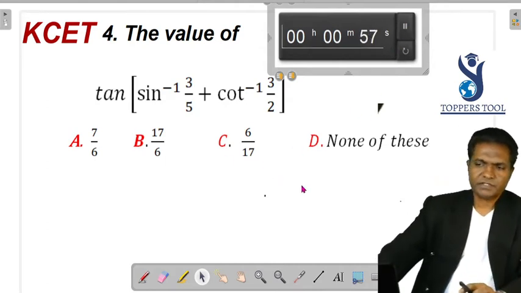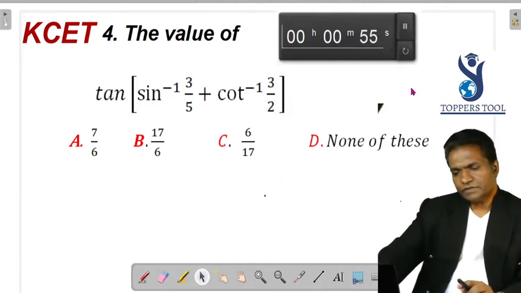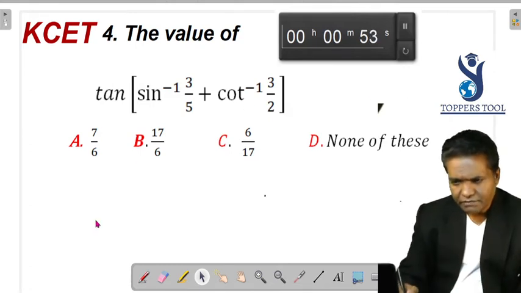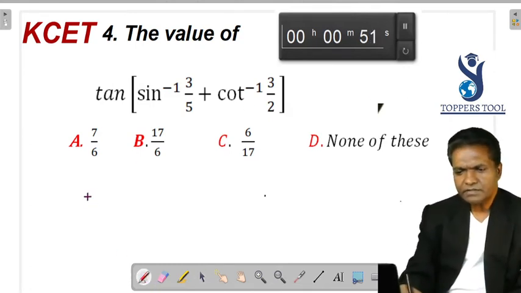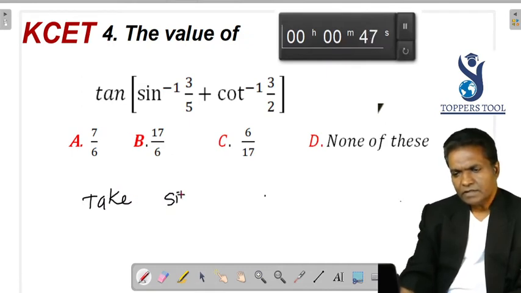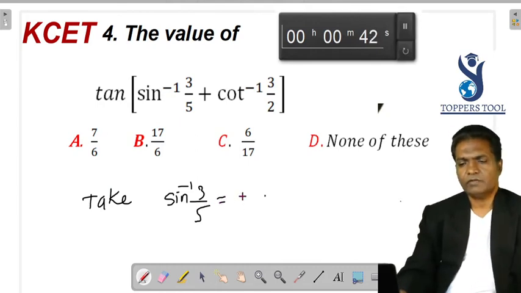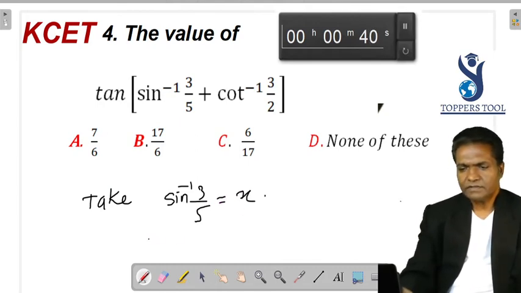Come on, do it. Simultaneously, I wish to give you one hint. You have to take sine inverse of 3 by 5 equal to some x.